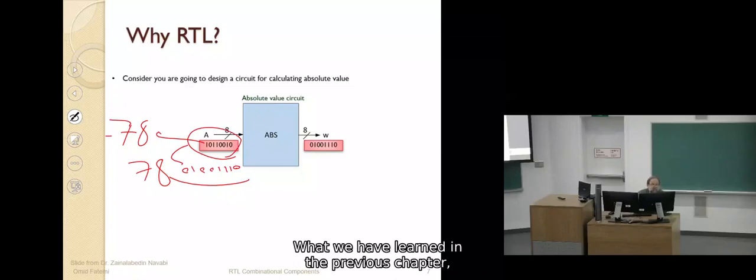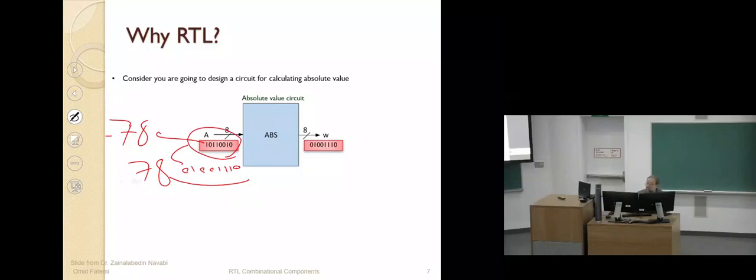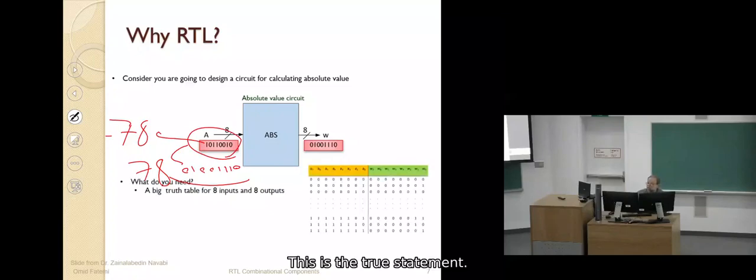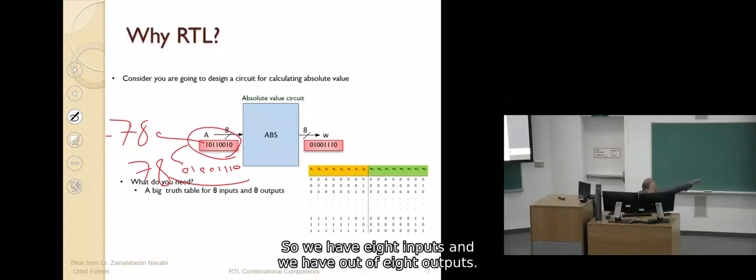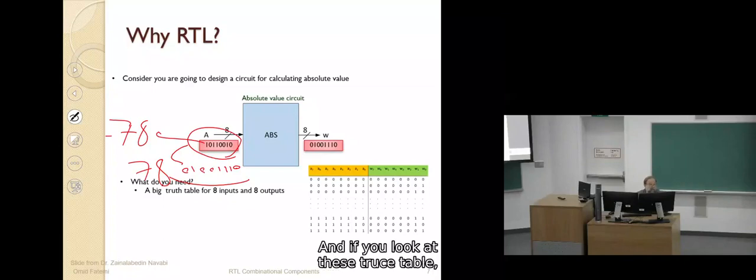What we have learned in the previous chapter, in the previous topic, is to build a truth table. We have 8 inputs, 8 outputs. We build the truth table. Okay, let's do it. This is the truth table. We have 8 inputs and 8 outputs.